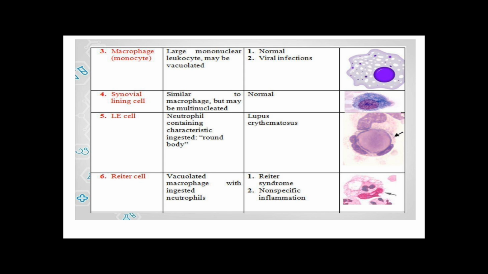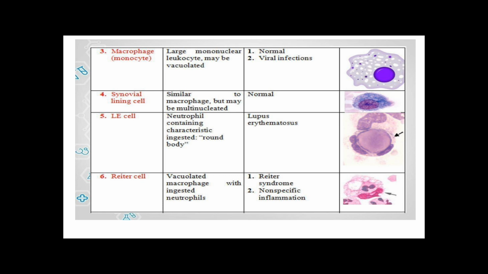Right, here you can see a larger cell which contains a neutrophil inside the cell. The other one is the Reiter cell. This is a vacuolated macrophage that ingested a neutrophil. So this is also a macrophage which has ingested the neutrophil.